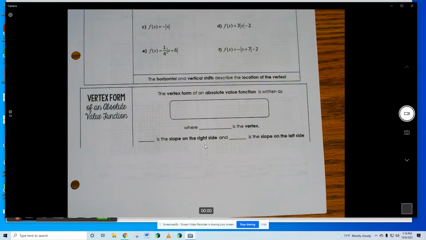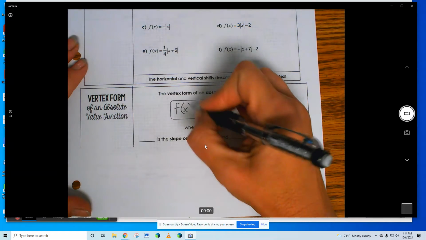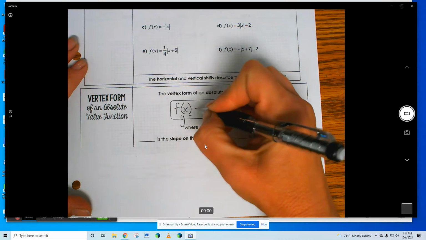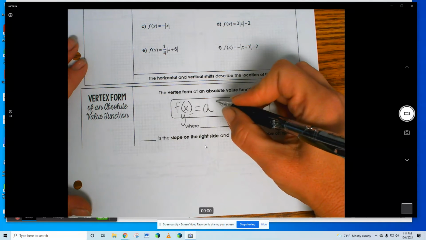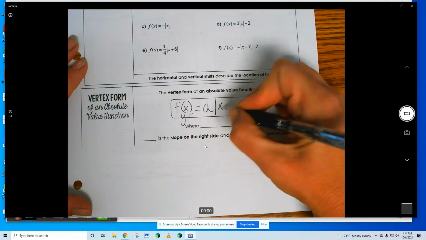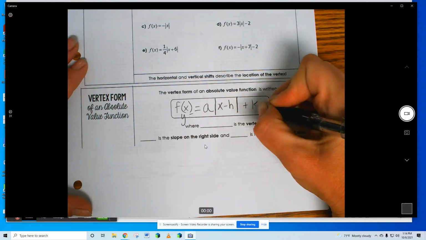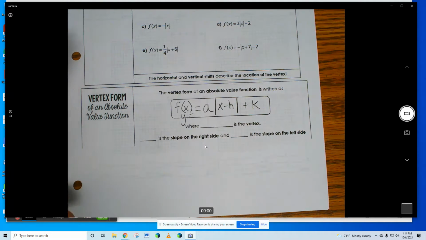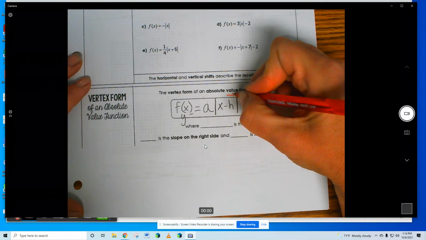So, absolute value functions. The vertex form of an absolute value function is written as, so this is what we've seen before with other equations, f of x, or y, equals a absolute value x minus h plus k. So my h means that I go left or right.